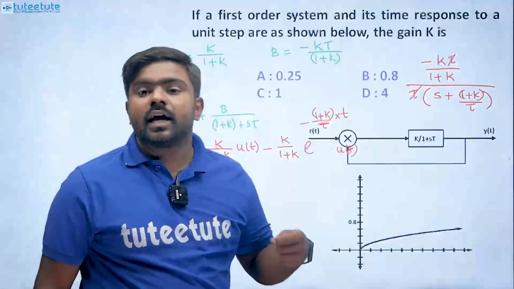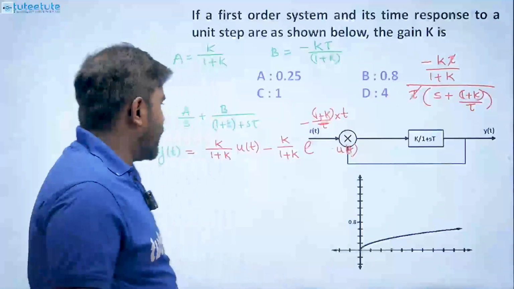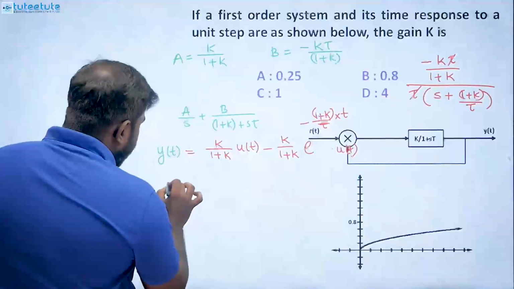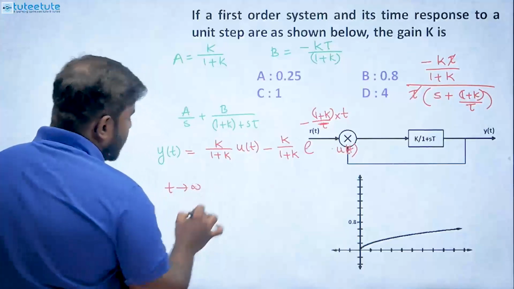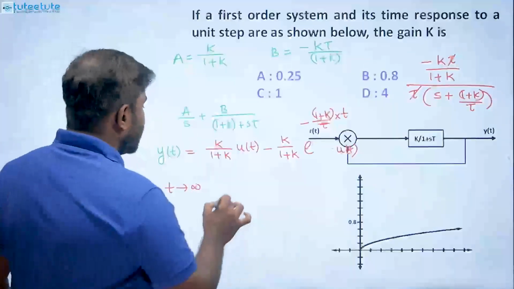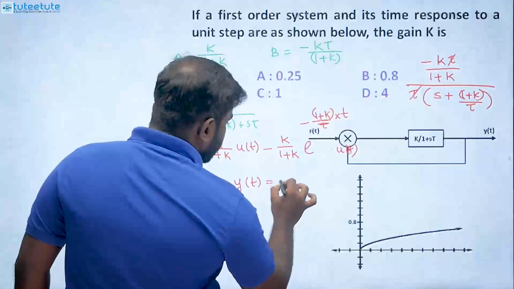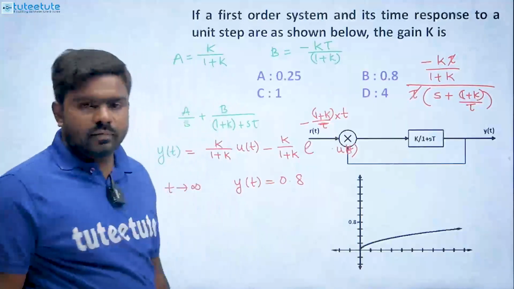Now it says at final value, when time tends to infinity, your y of t is 0.8.